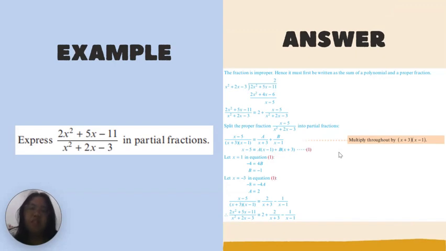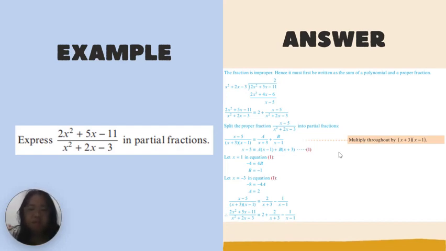Once you get the answer, after we divide, we need to get the simplest answer. After we get the quotient, it will be put in the equation like this: the quotient plus the remainder divided by the divisor, which is x squared plus 2x minus 3.